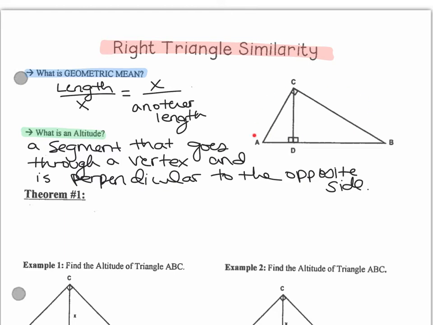If I look at this picture, my altitude would be CD. I'm coming from a vertex and it's going to be perpendicular to the opposite side. I'll highlight that in green, that would be my altitude. I've briefly discussed this before, however, now it's in our notes.